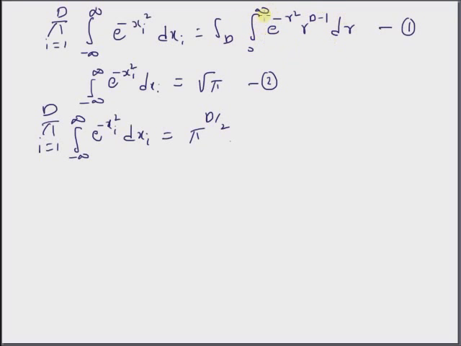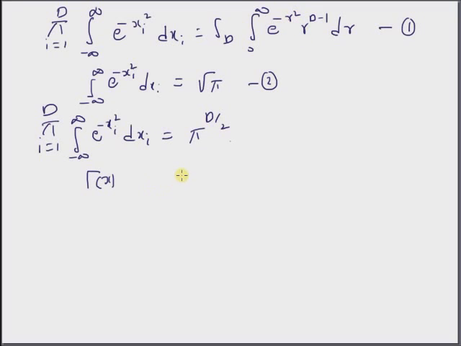But if you look at this integral, it just looks like the definition of gamma function. If you look at this right hand side of the equation, this looks very similar to the gamma definition, except that there is r square in the exponent.